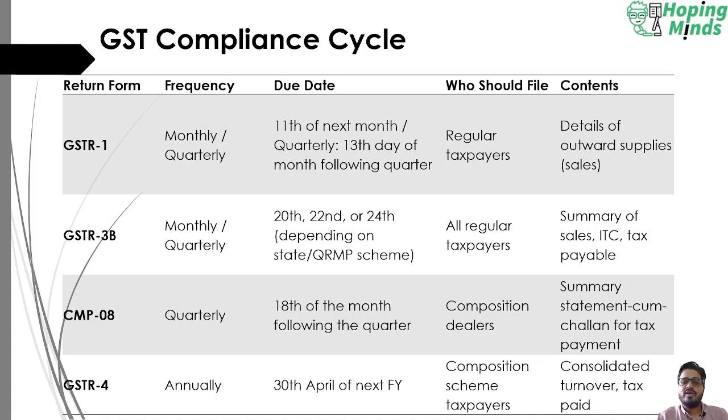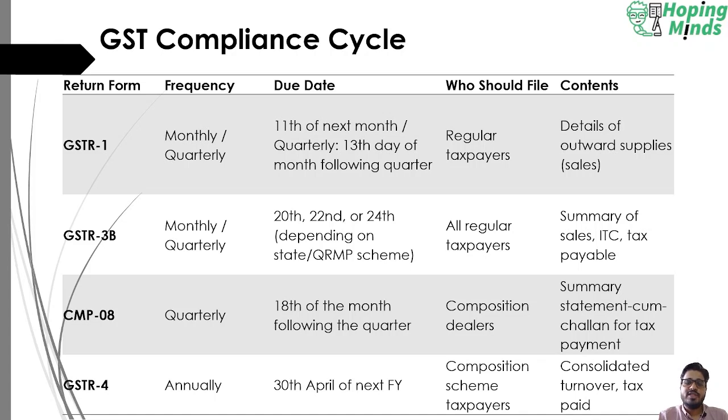Then different kinds of documents are required to be issued by the taxpayer like tax invoice, debit note, credit note, receipt voucher, payment voucher and so on. The details of these documents issued by the taxpayer are also required to be furnished in GSTR1.